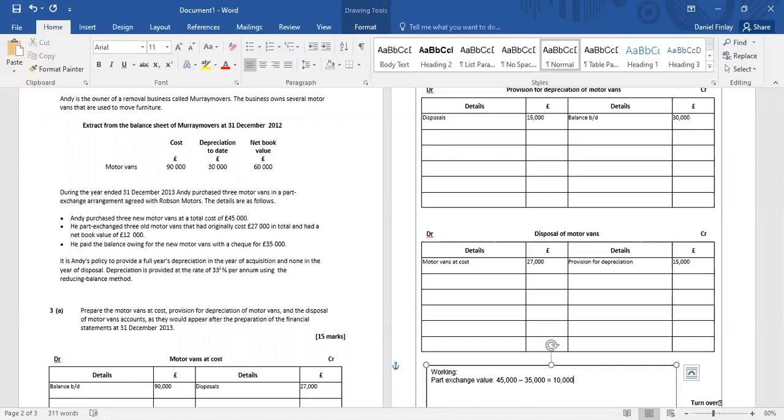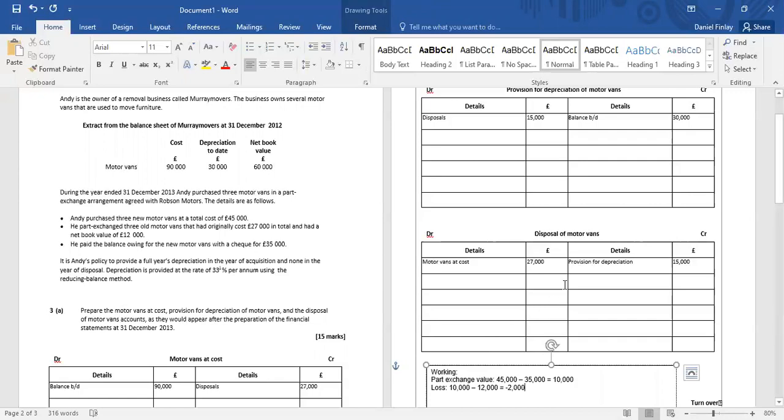I got 10,000 from it. So that means we made a £2,000 loss. So loss is how much I got, take away my net book value. So my loss was £2,000. So it'll be an expense on the income statement.